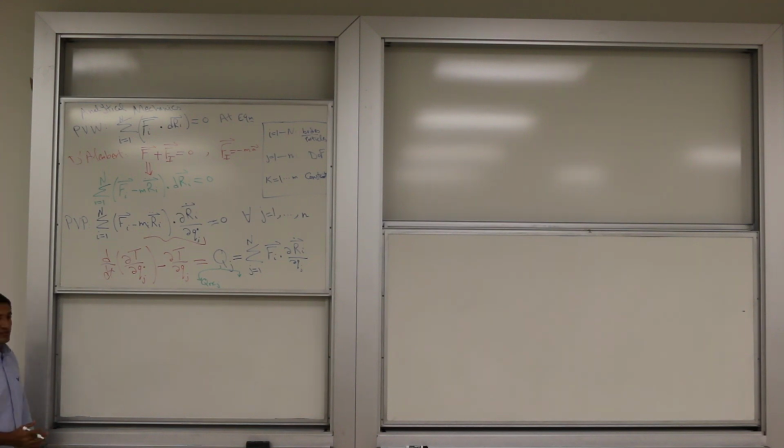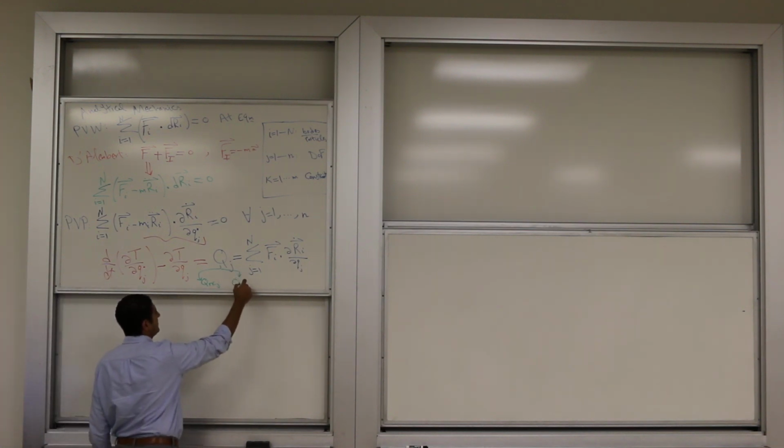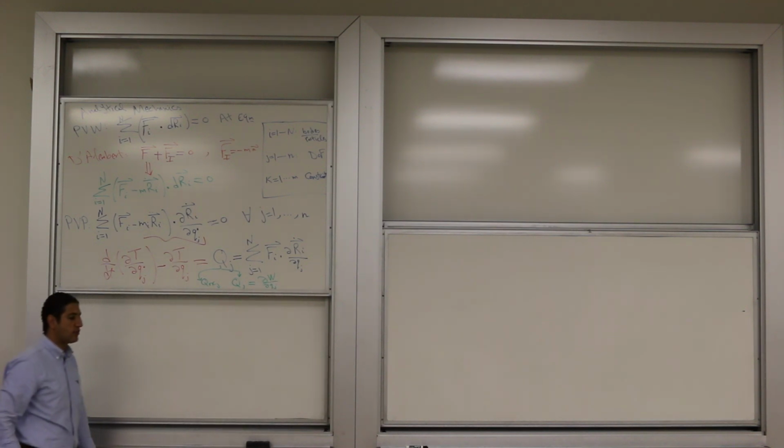And the part that is conservative, or monogenic, comes from a scalar function, right? So if you remember, the monogenic force comes from a scalar function, the work function. Simply differentiate the work function with respect to the corresponding little q.